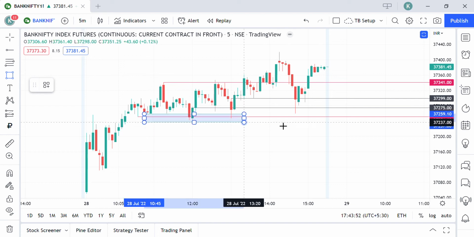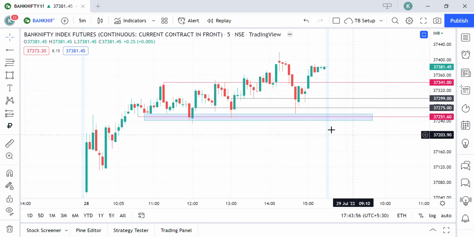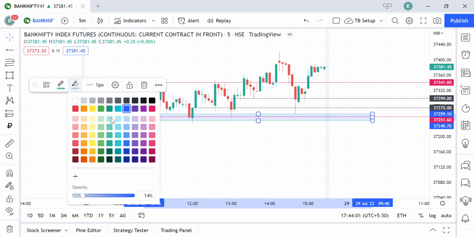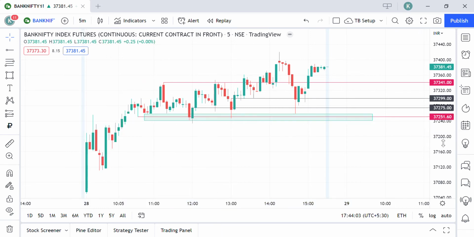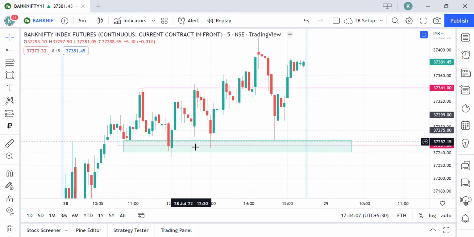This is called a demand zone. I would like to mark it in green color because that is the area of buyers. Once price entered this area, it created an expanding pivot, meaning a higher high followed by a higher low. So this is an expanded pivot formation, and price again tested this level and then created a solid structure.